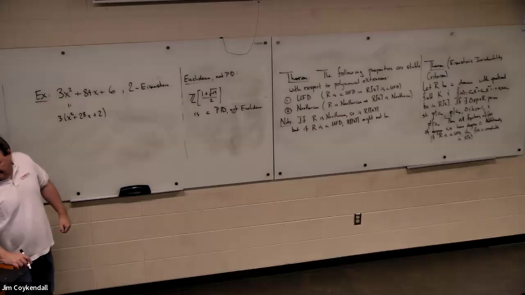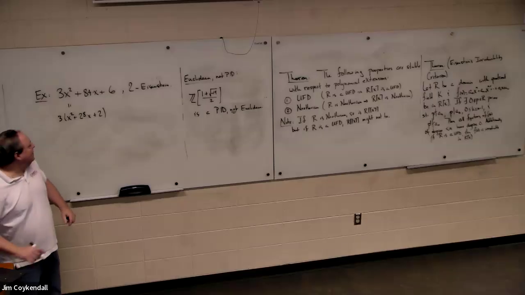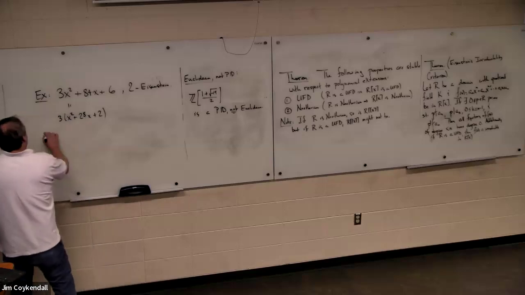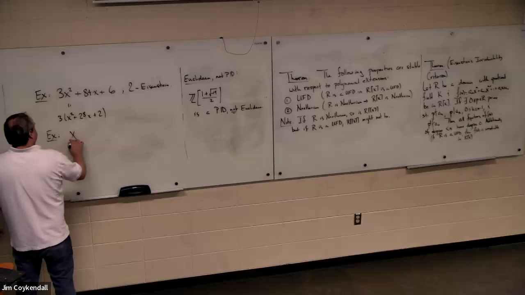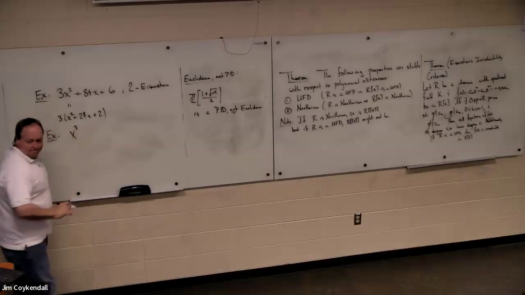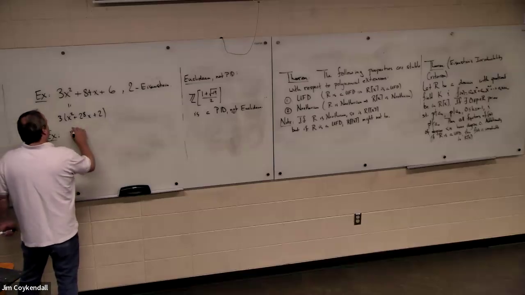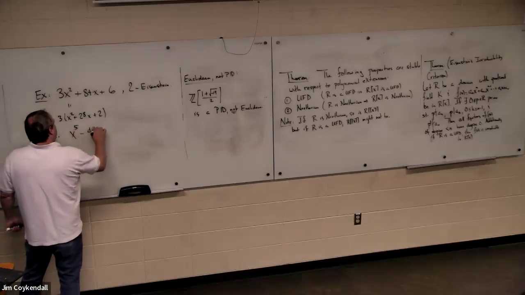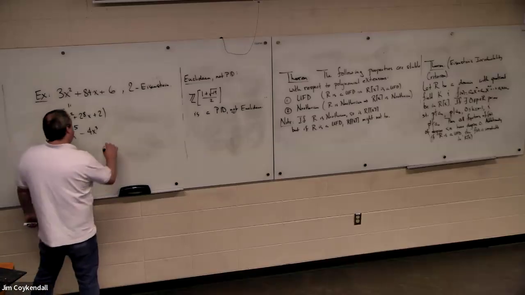So it's possible to have things that are Eisenstein for more than one prime. So, example: plus 6x squared plus 18.